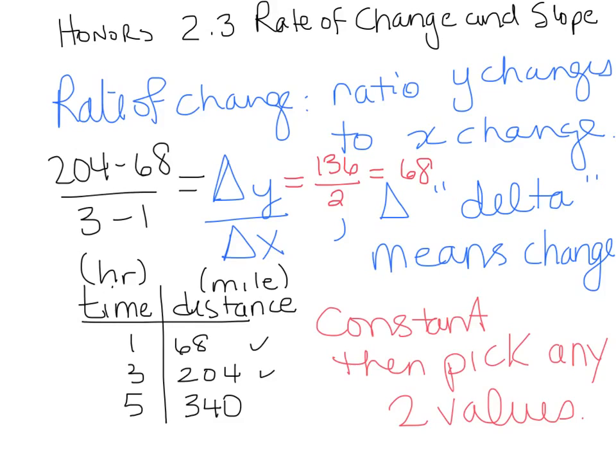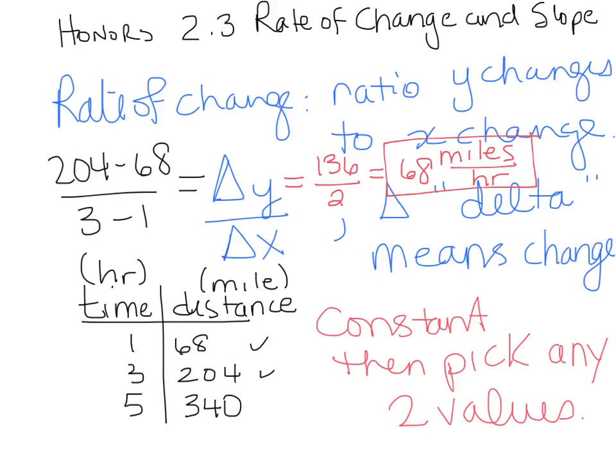So 68, and here, because there are nice units involved with this, I'm going to put miles per hour. So there's my rate of change, 68 miles per hour. So for every 1 hour change in time, my distance changes by 68. Now this is otherwise known as a speed, right? So we're kind of going back to something real familiar here.